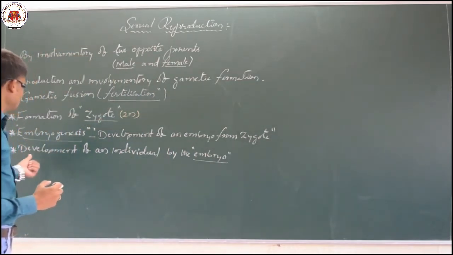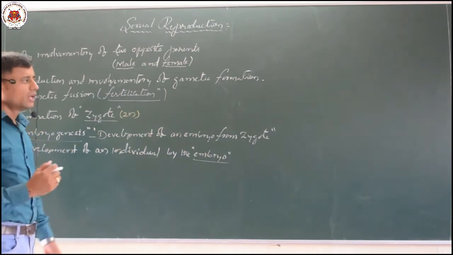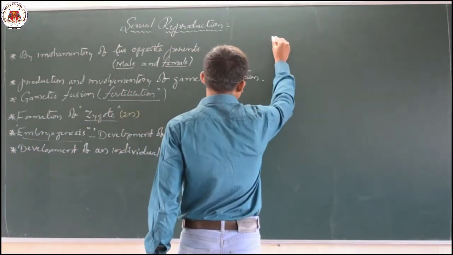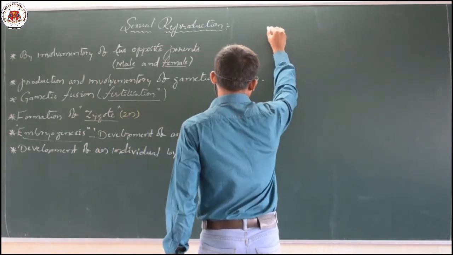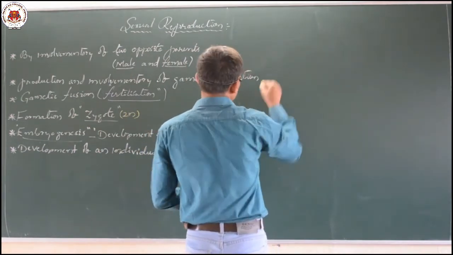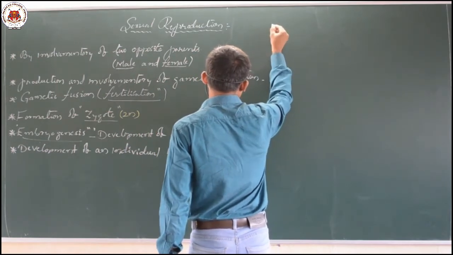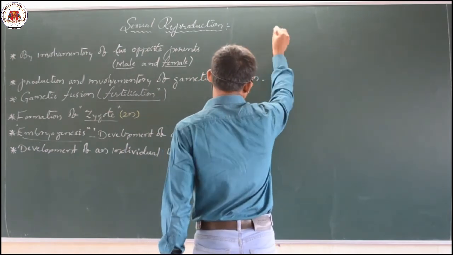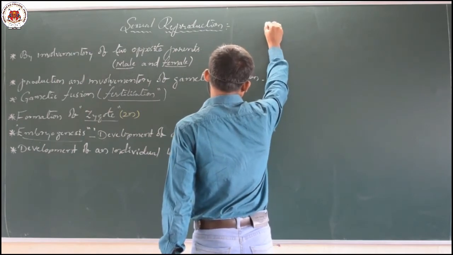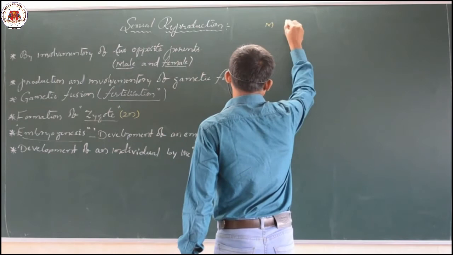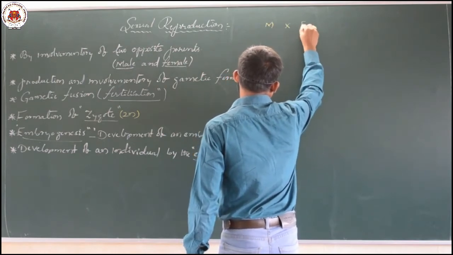How is an individual developed? You have to remember one sequencing order. Simply, we can understand the concept of how sexual reproduction occurs. One, there are the parents, the male parent and the female parent.